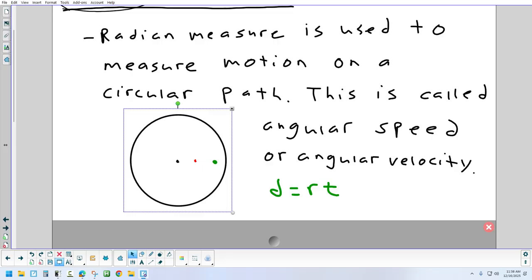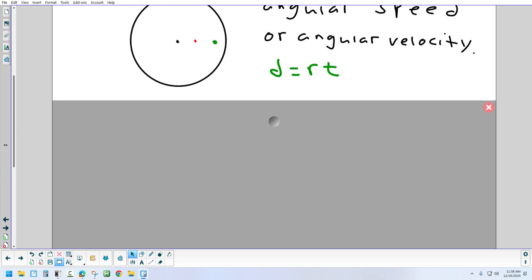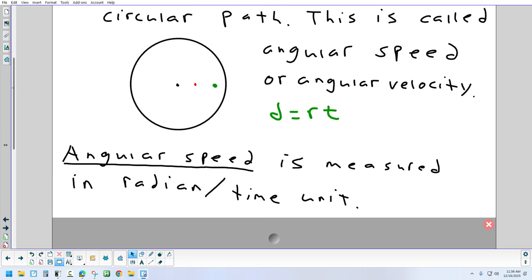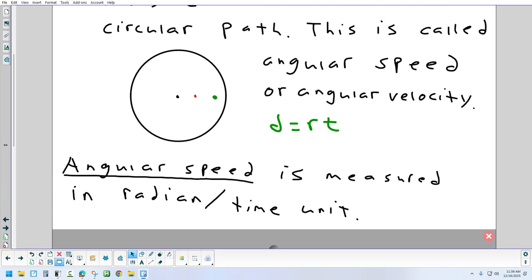So when something is spinning, we don't try to describe the speed of it using a formula where we think about it linearly, because it's not moving in a straight line. When we want to describe the speed of something spinning, we describe it angularly. That way I could say all of these dots are making 1 revolution in, maybe it took 3 seconds.